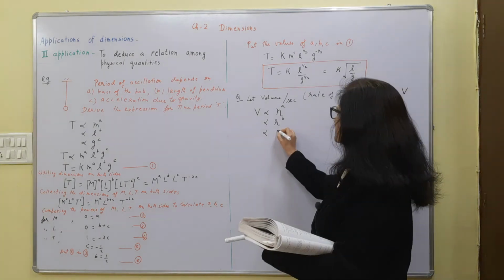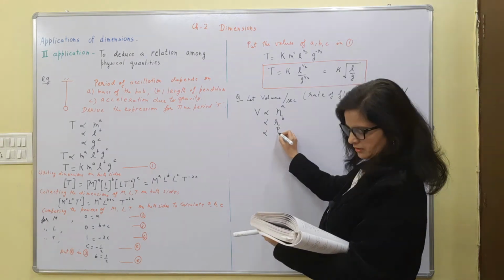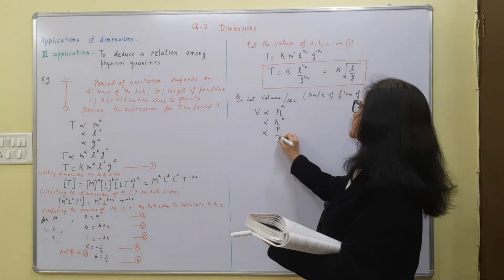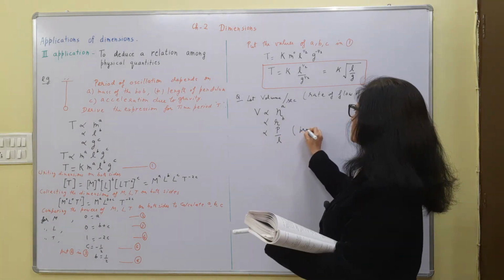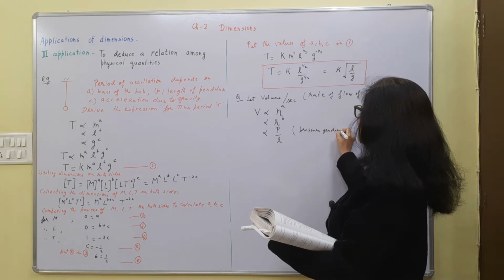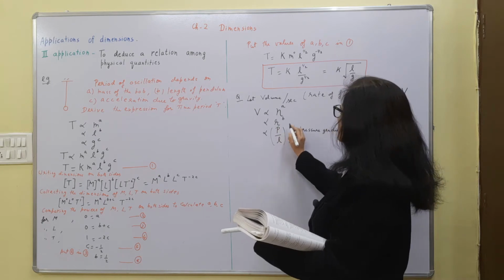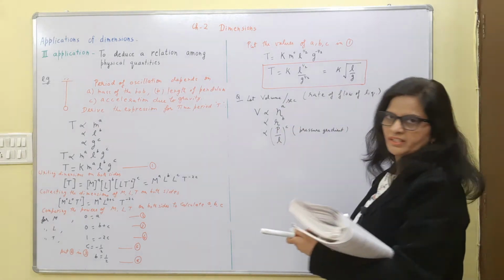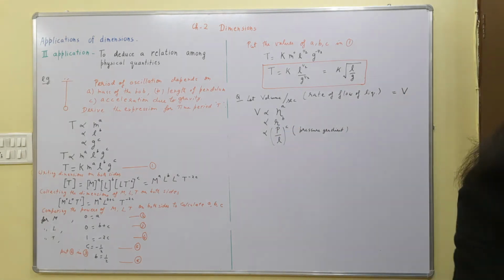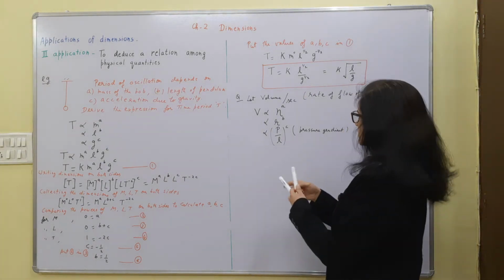So pressure gradient means pressure per unit length. So this is written as pressure gradient. Gradient is change with distance. So this is to the power c, pressure gradient. We don't know how it depends, so that's why we have written this as power c.